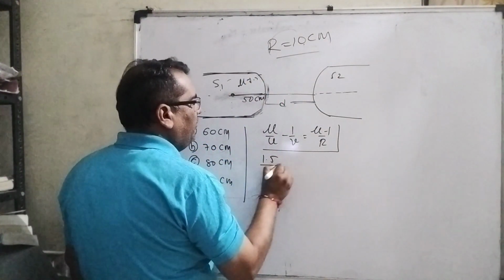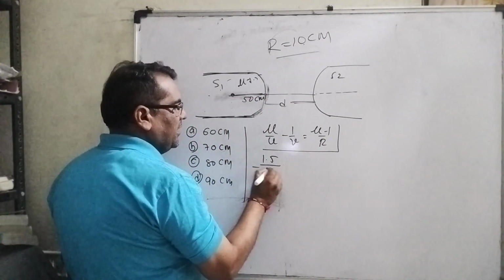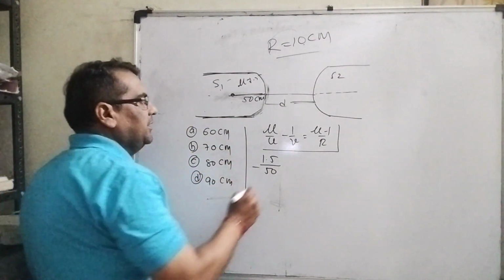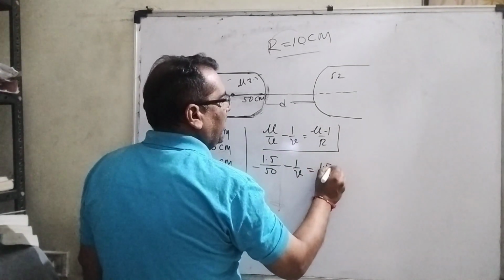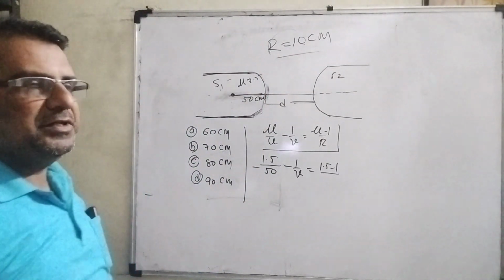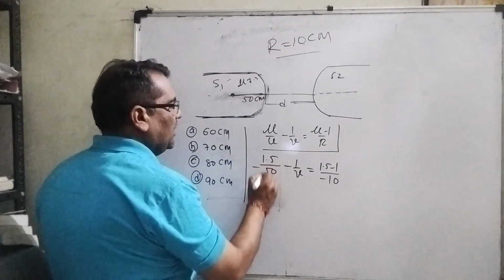Now put the value 1.5. And what is u? 50 centimeter. By sign convention, use minus 50 centimeter, right? And 1/v we have to find out, and 1.5 minus 1 over R. What is R? R is given 10 centimeter, by again using sign convention, minus 10.